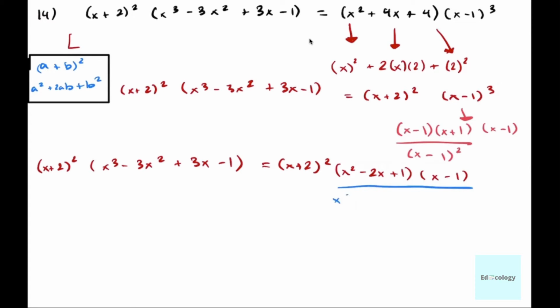It will be x times (x squared minus 2x plus 1) minus 1 times (x squared minus 2x plus 1).